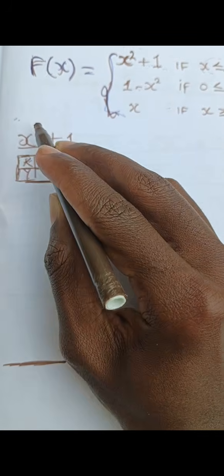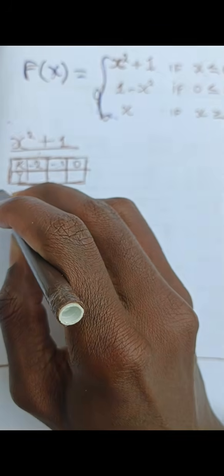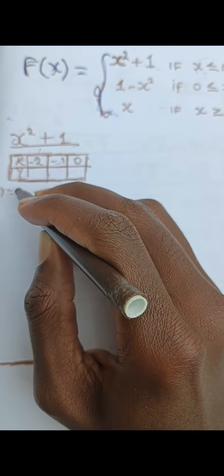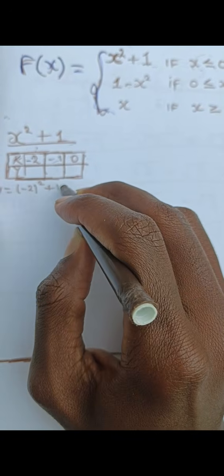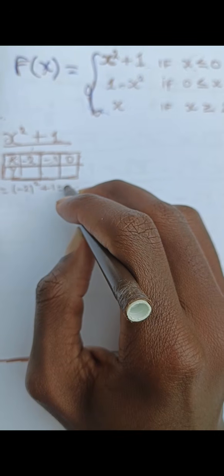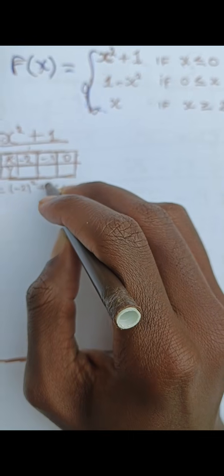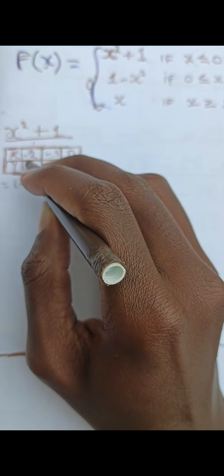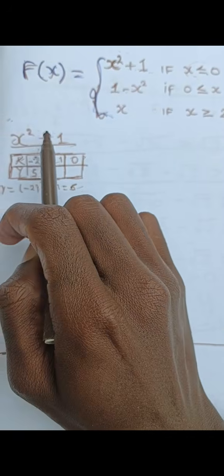Then to find the values of y, you get the given equation. You're going to say y is equal to x power 2 plus 1, you put the first coordinate, which is -2 power 2 plus 1. This is going to be +4 plus 1. It is going to give you what? 5, right? So here there will be 5, and this is very important. You should know how to find y. So y, you use this equation.